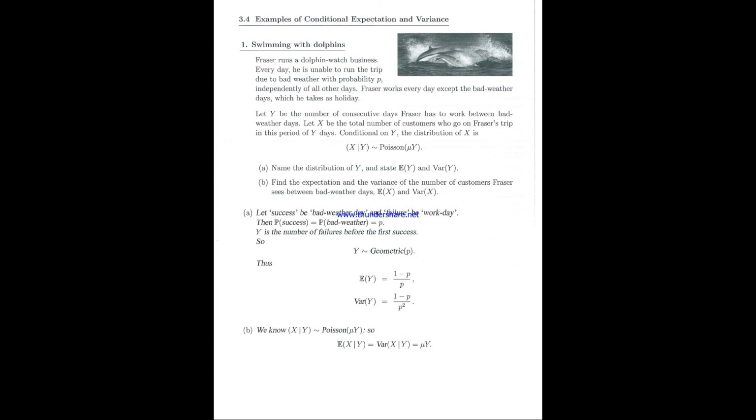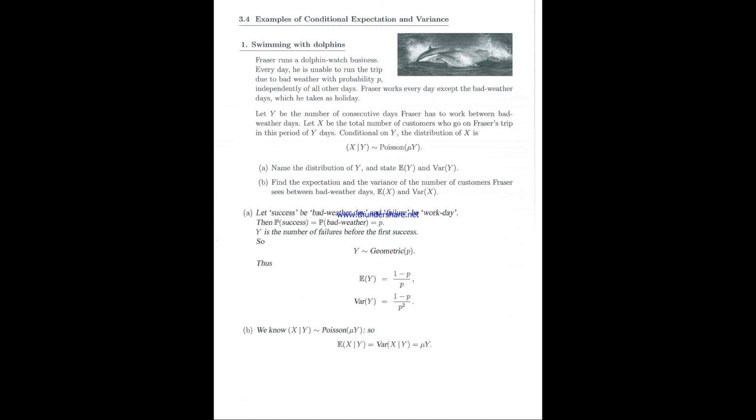So all the general expectations and variances that we discussed in our previous lectures, you have to keep them in mind, because you have to use them in your calculations. Now, if you consider x given y, it's having a Poisson distribution.